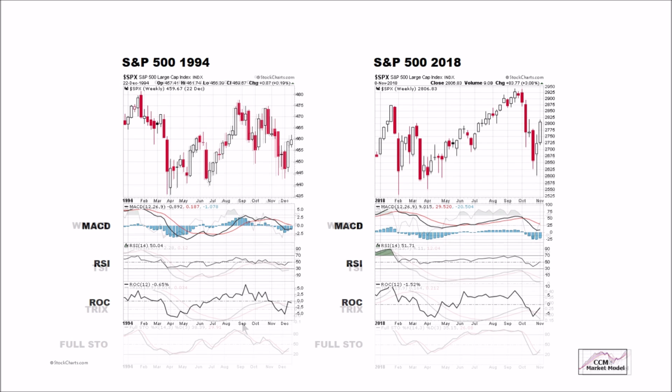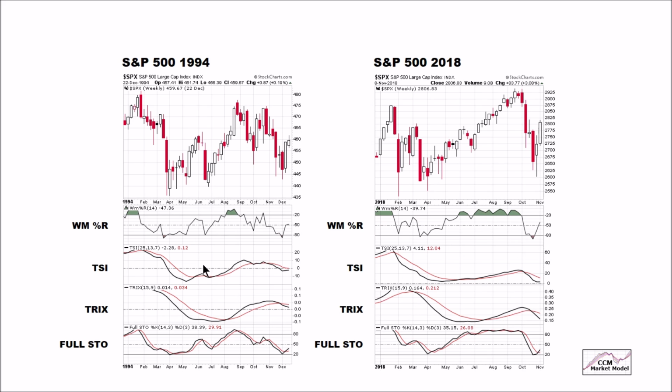Still not convinced. We can go through all of these. Williams percent R, very, very similar. Let's just look at the end of the year to speed things up. Oversold, recaptures negative 50. Present day, oversold, recaptures negative 50. TSI trying to turn back up near zero.